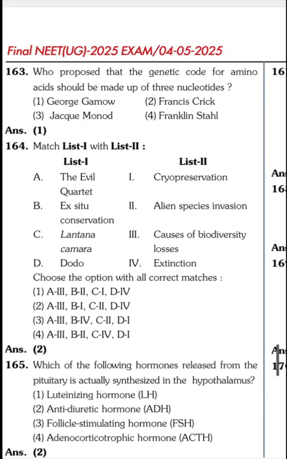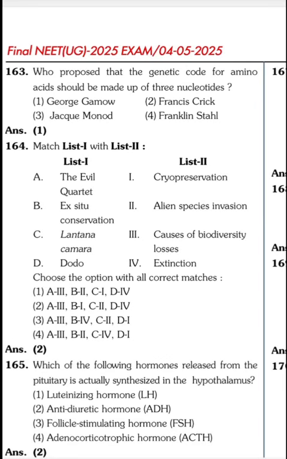Who proposed that the genetic code for amino acids should be made up of 3 nucleotides? It is GG. Remember that as GG, George Gamow. Then again match the following, the evil quartet. It is for the destruction of biodiversity, causes of biodiversity loss.